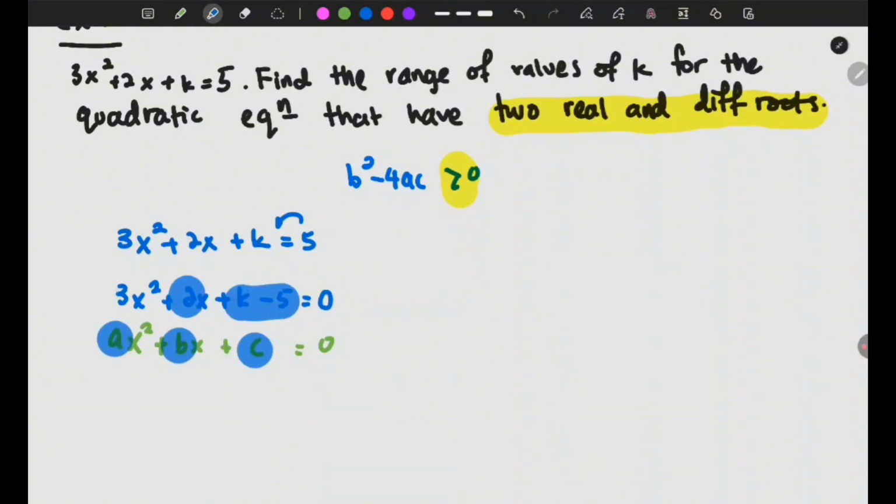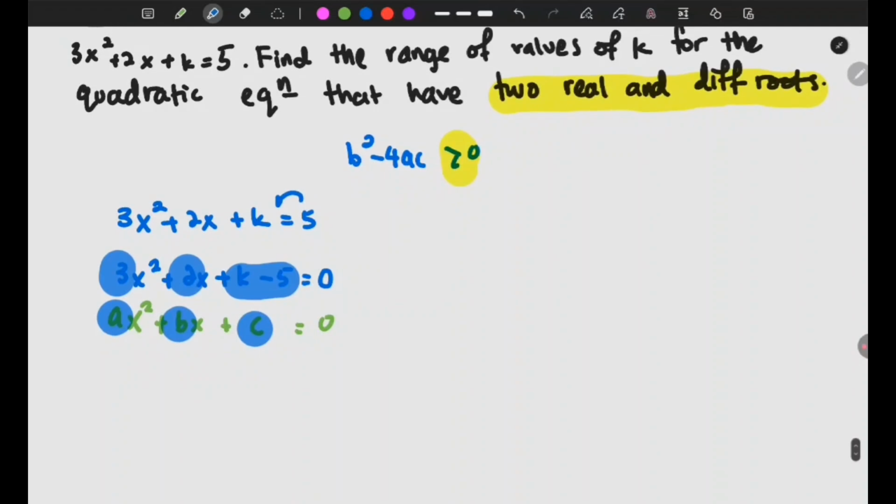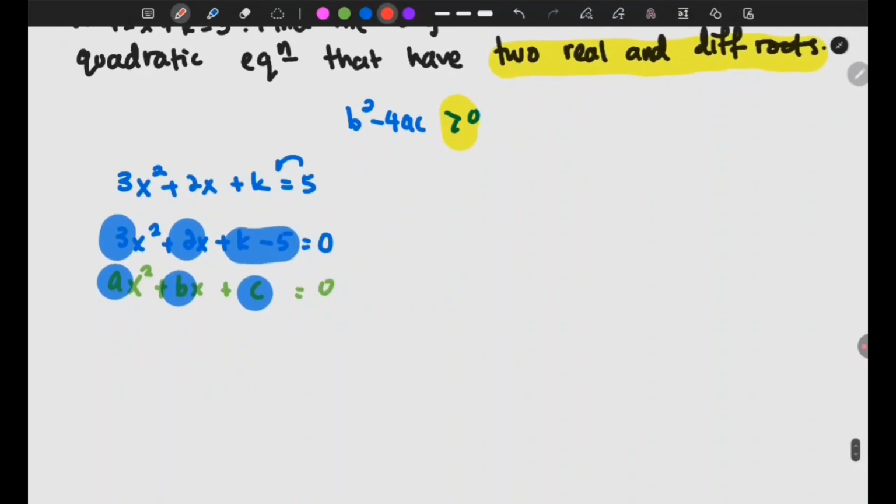So just sub inside the formula. My a is 3, my b is 2, my c is k minus 5. So b is 2, 2 squared minus 4, a is 3, c is k minus 5. Sub inside, and more than 0.